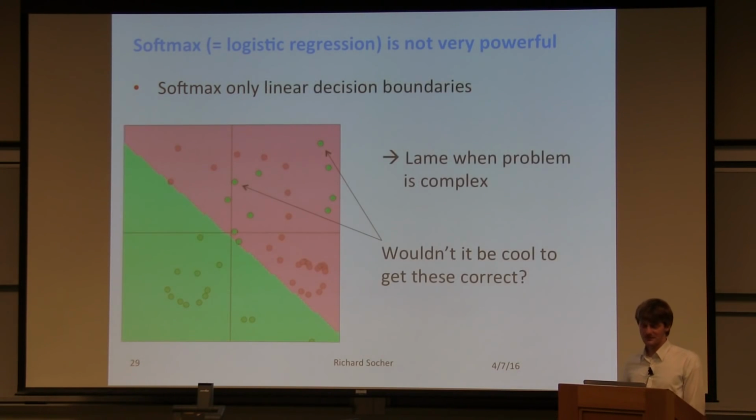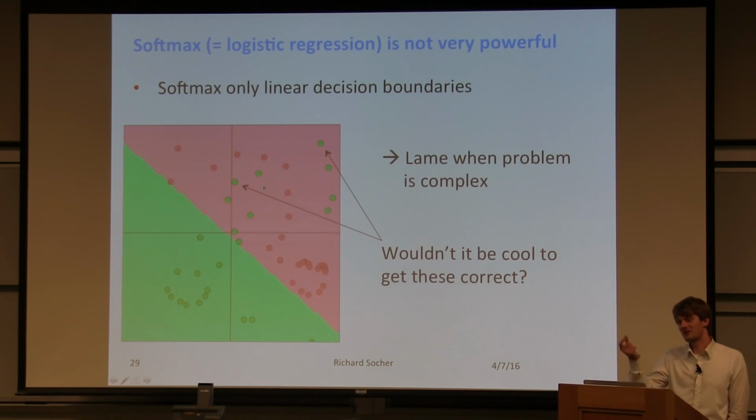So let's say, for instance, you started with simple softmax, or again, logistic regression, just a synonym, and you have training data in green in one class and red in another class. And this is kind of lame, right? With a linear decision boundary, we could never classify these points correctly.